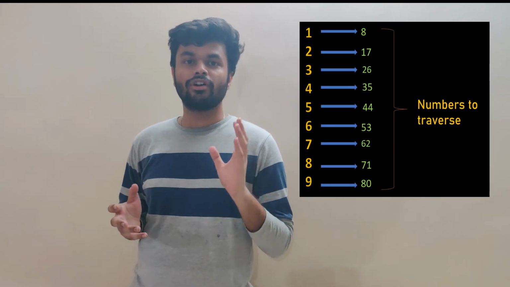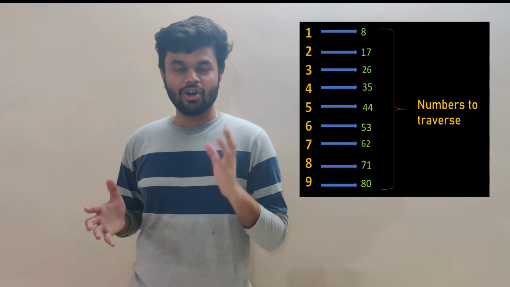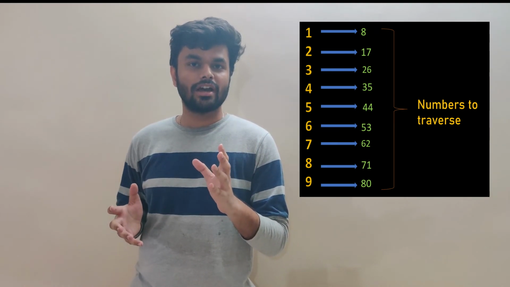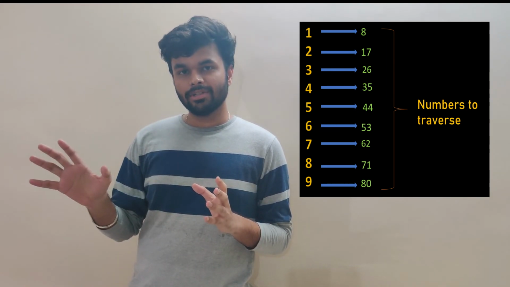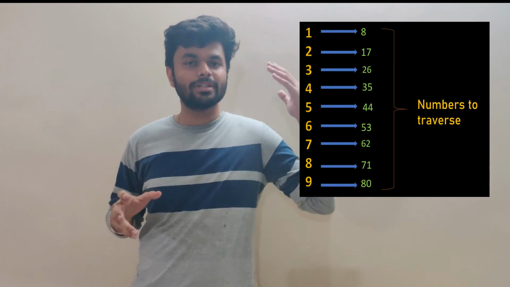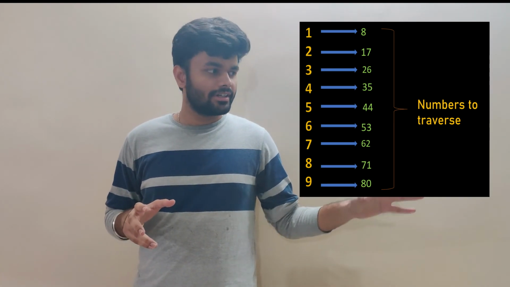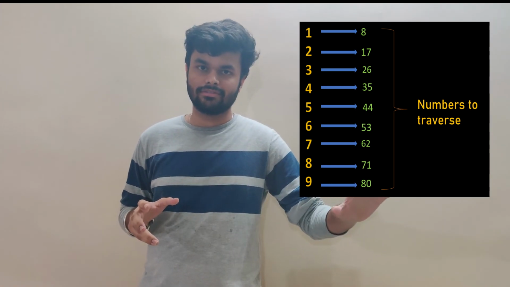So we again see a pattern here where as we move forward, the numbers have to traverse more for them to be the leading digit. So 1 has to traverse through the least numbers and 9 has to traverse through the maximum numbers. And this pattern keeps on repeating itself as we move forward to 100, thousands and so on.